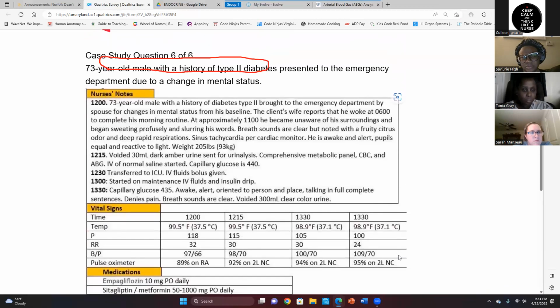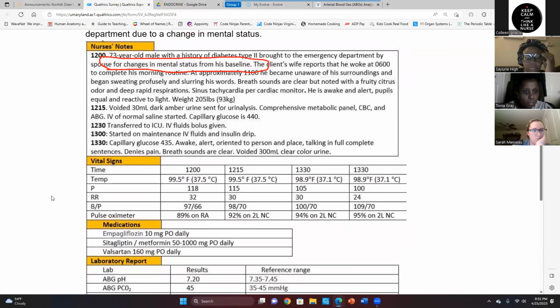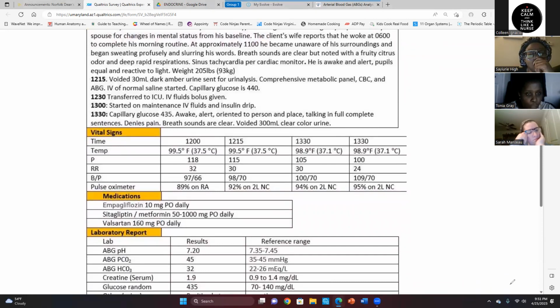Okay. So we got new notes here. Who hasn't had a turn or who wants to read the new notes? I got you. 1230 transfer to ICU. IV fluid bolus given. 1300 started on maintenance IV fluid and insulin drip. 1330 capillary glucose 435.